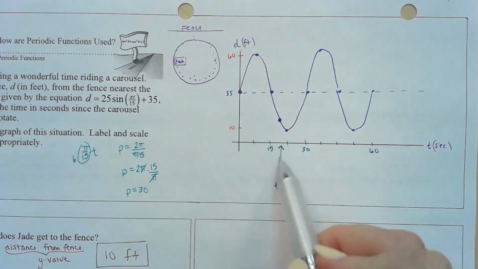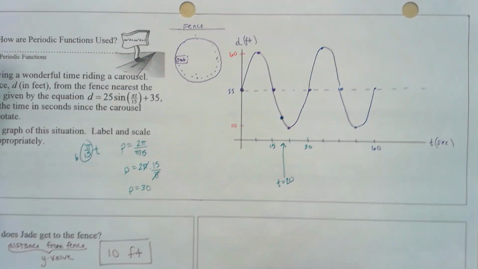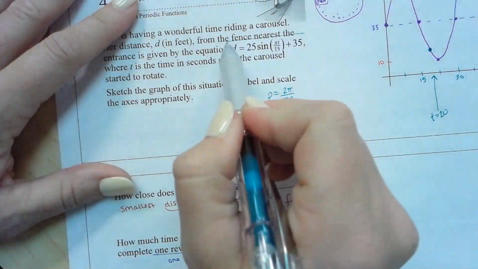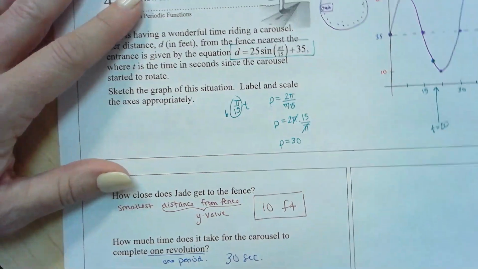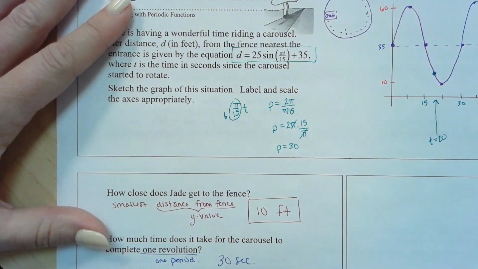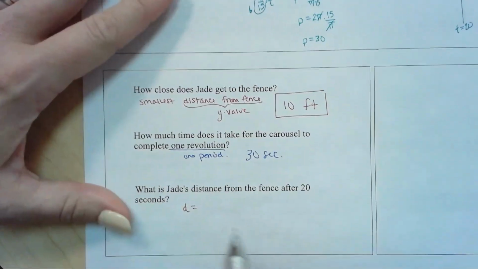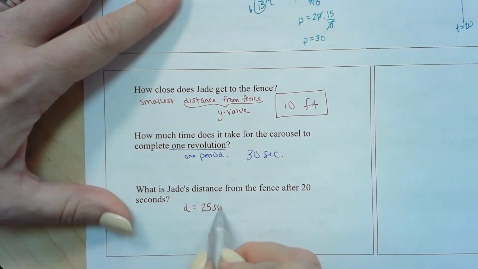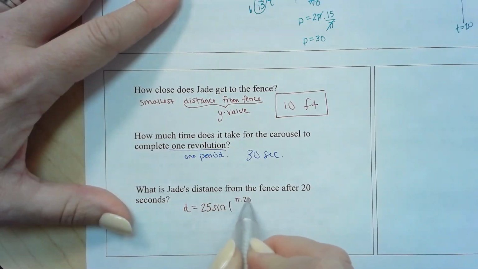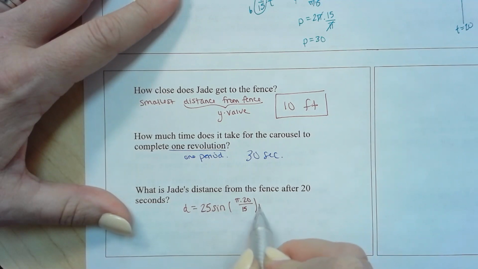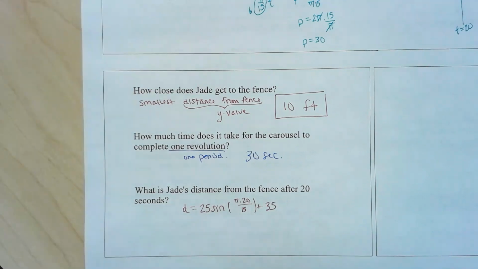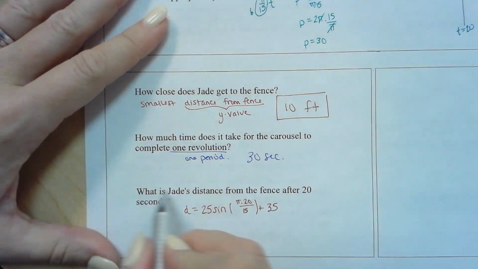What is the y value when time is 20? Well, we have a formula to find the distance, right? I think we're just going to go plug in our time. So I'm going to say d equals 25 times the sine of pi times 20 over 15 plus 35, right? They said, what is the distance?